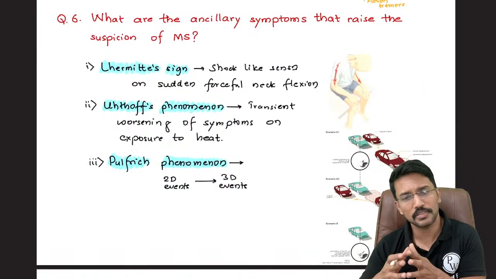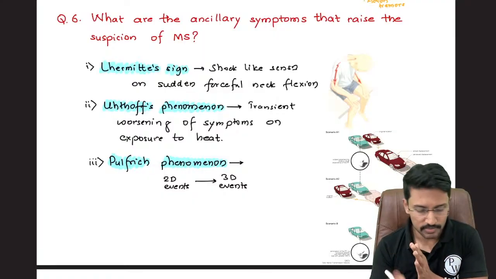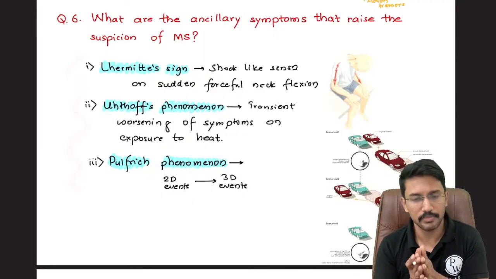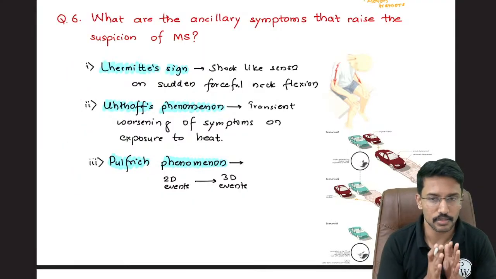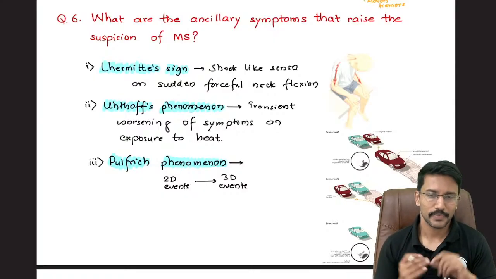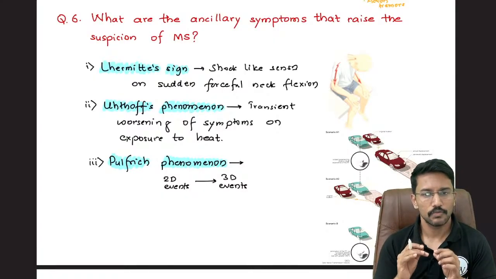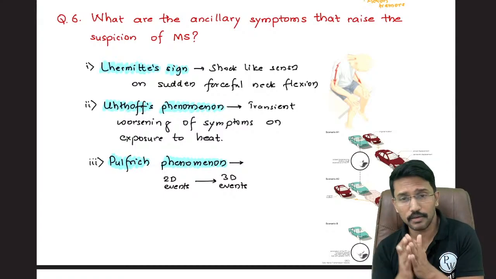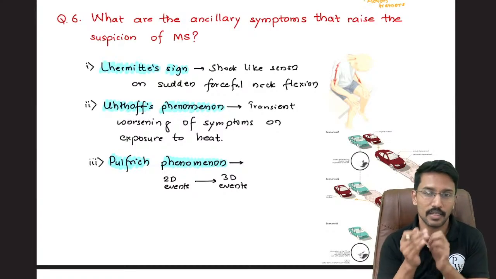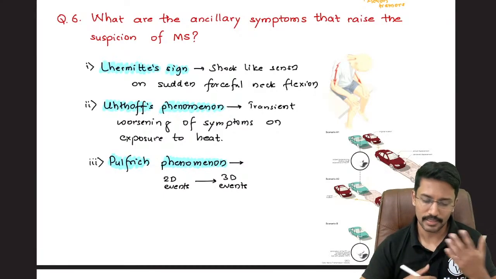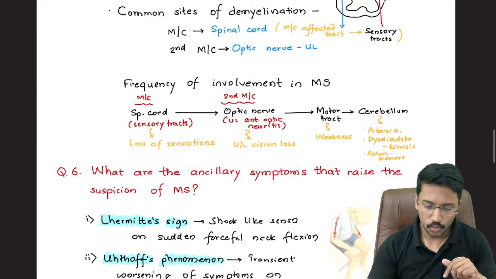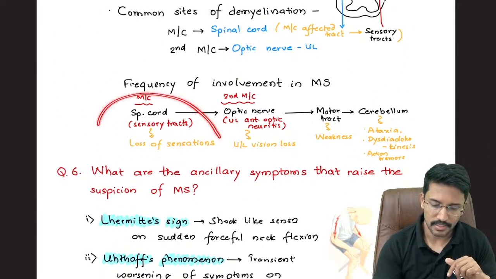But if a patient presents with recurrent neurological symptoms, and in them if I find these ancillary symptoms, I am highly suspecting that it could be a case of multiple sclerosis. Now the question is, what is the fate of this demyelination? Will it be permanently demyelinated or will the body remyelinate those demyelinated structures? Let us say कि हाँ कोई patient आया था who had demyelination of the sensory tract.